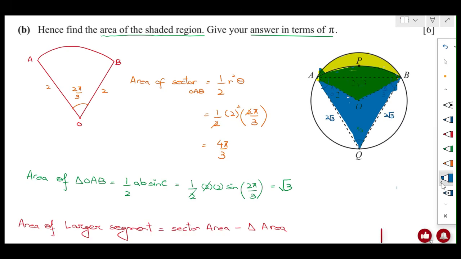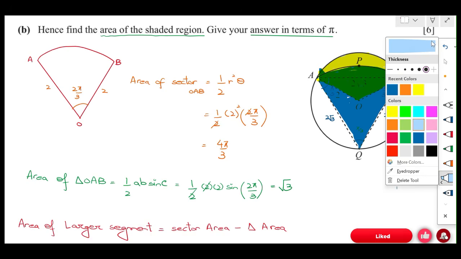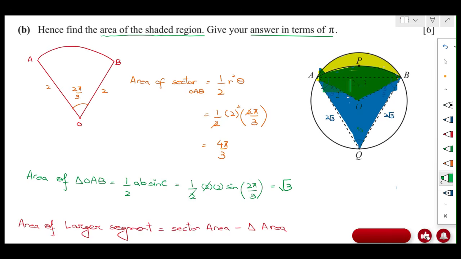Now let me solve for the area of, let me use the green one. I'm doing the area for this triangle QAB, area of the triangle QAB.